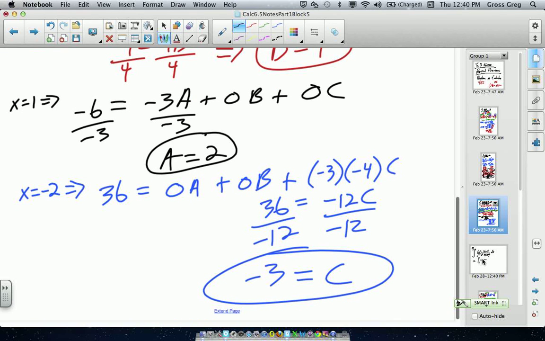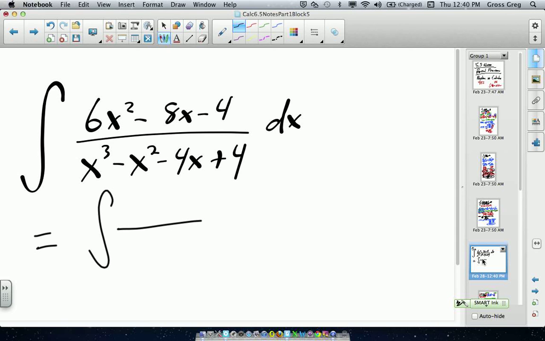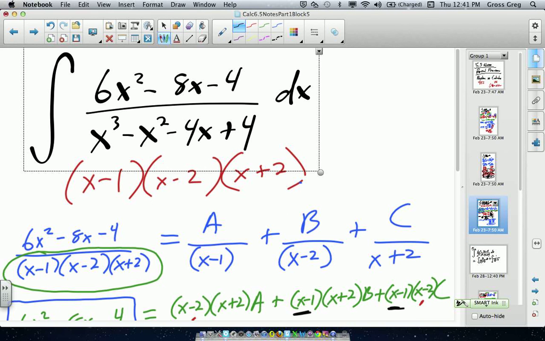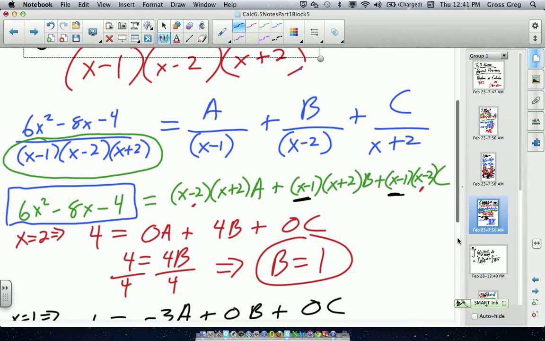So 2 over x minus 1 dx plus, b was 1, over x minus 2.